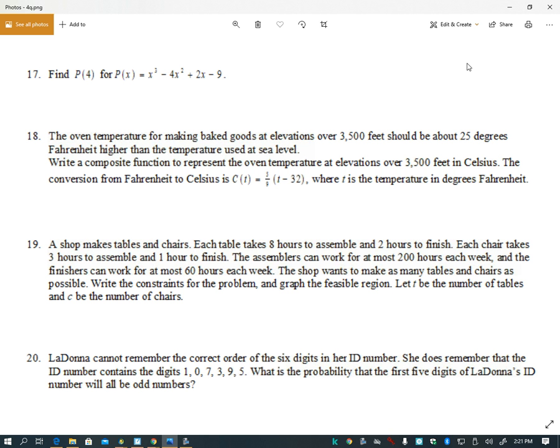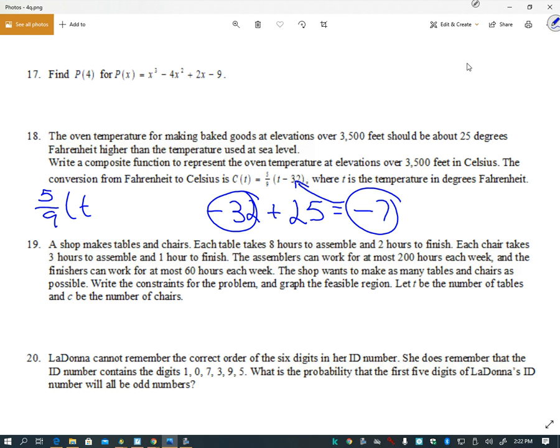Now, so you see that negative 32? Our temperatures, because we're above 3,500 feet, have to increase 25 degrees, right? So all you really have to do is take negative 32 and add 25. What is that? 25 minus 32, what is it? Negative 7? Okay, so instead of negative 32, we're going to put minus 7 there. So you should get 5/9 t minus 7.